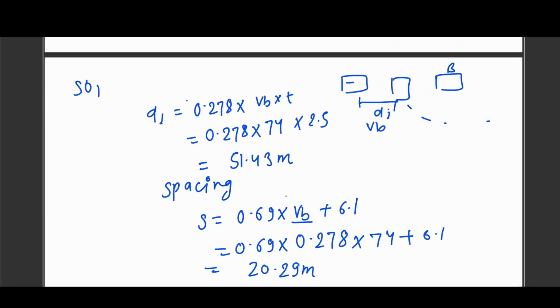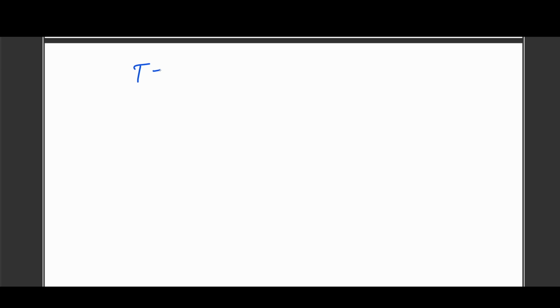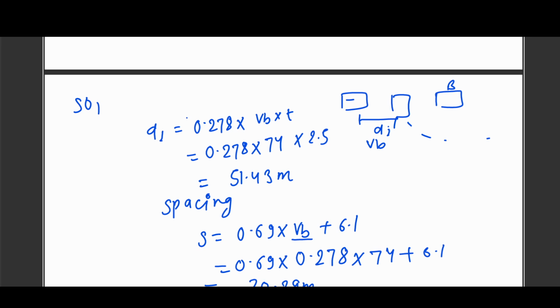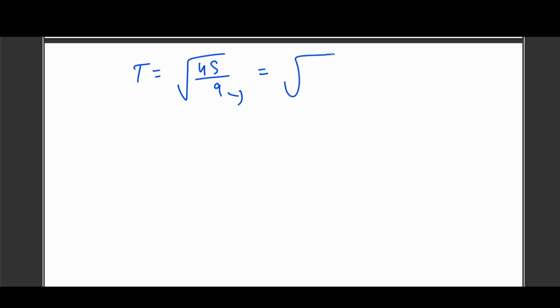Now we need to calculate the overtaking time. Overtaking time t equals under root of 4s by a. But a is given in kilometer per hour. You can look here, a is given as 2.5, so I convert this as 4.4 s divided by a.